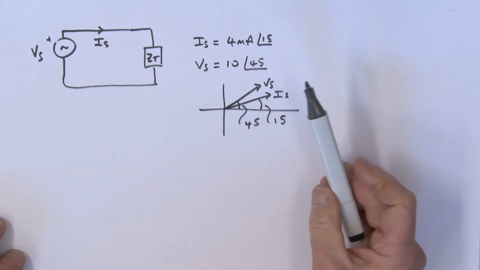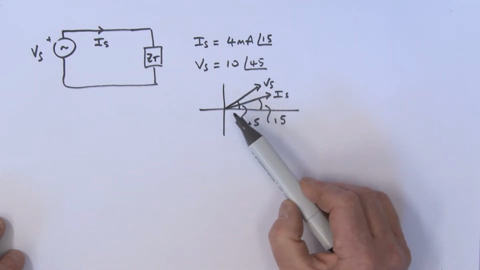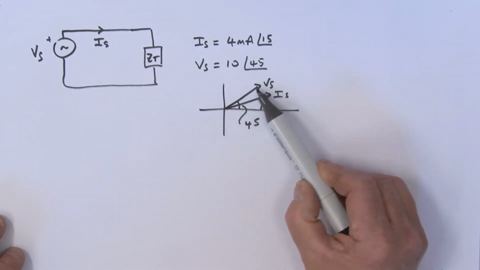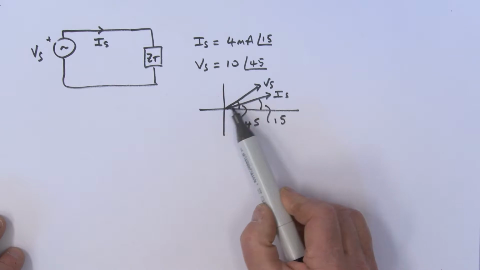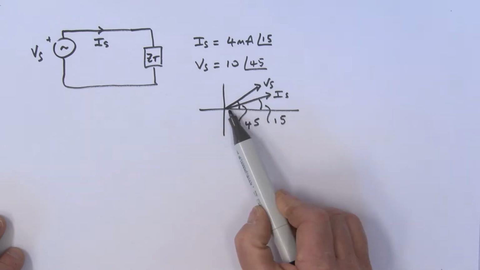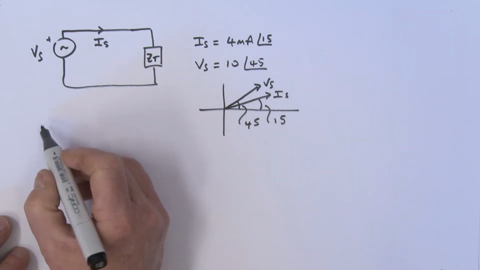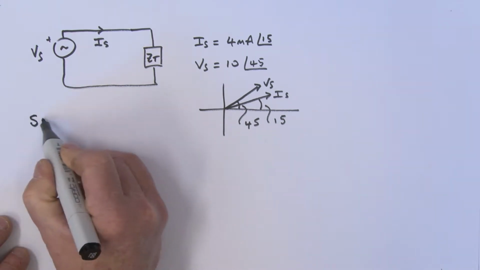Once again, for these calculations of complex power, we're interested in the angle difference between that Vs and that Is over here.